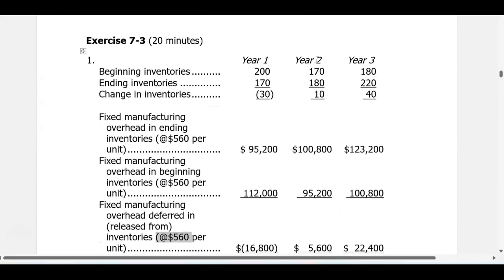Let's go to year two. In year two, you had 170, but you end up with 180. That means you produced more and sold less. You produced more and sold less. That's why you have 10 extra units left.